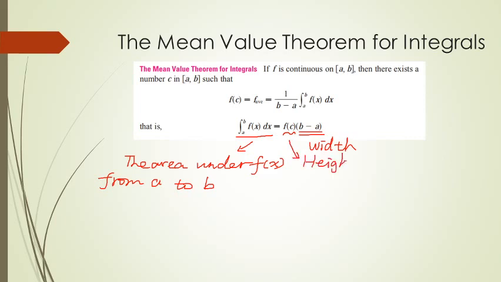So that means the area under f(x) from a to b equals the area of a rectangle. The width is b minus a, and f(c), this function value, will be the height. So the left part, the area under the curve from a to b, equals the rectangle's area, and the height is f(c). So we can figure out this f(c).